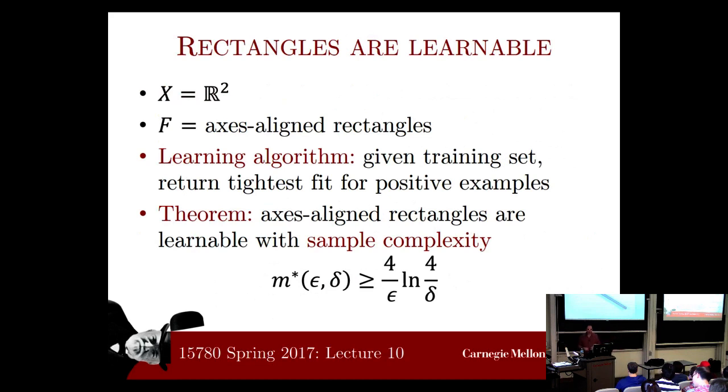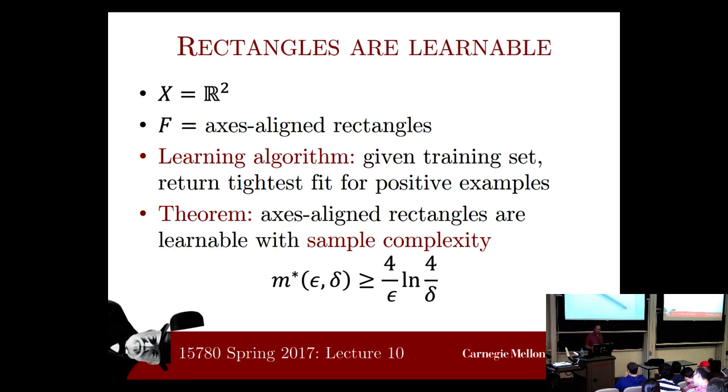Great, okay, so let me show you exactly such an example. We're going to do this in detail. I'll get back to this very simple example of axis-aligned rectangles. We'll derive a specific value for m star, and then in the end, we'll see how we can get bounds for more useful function classes. So again, the input space is the plane.